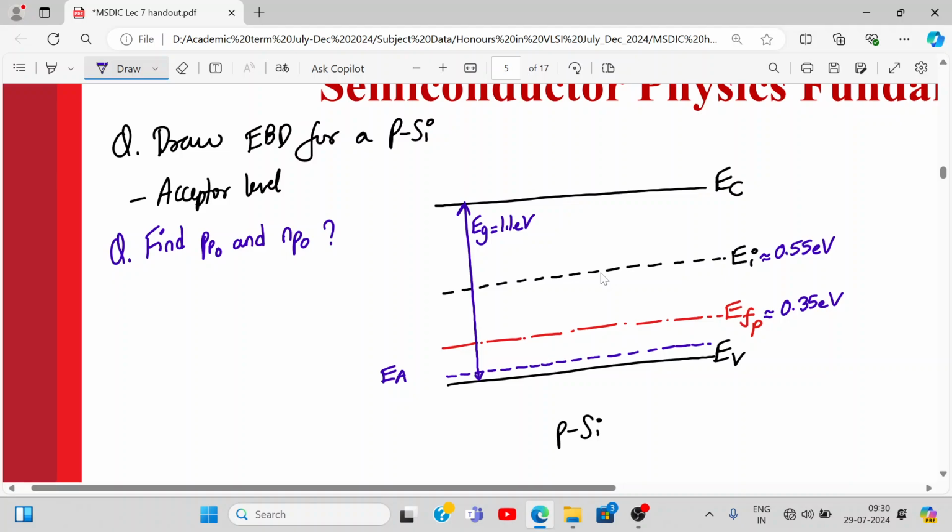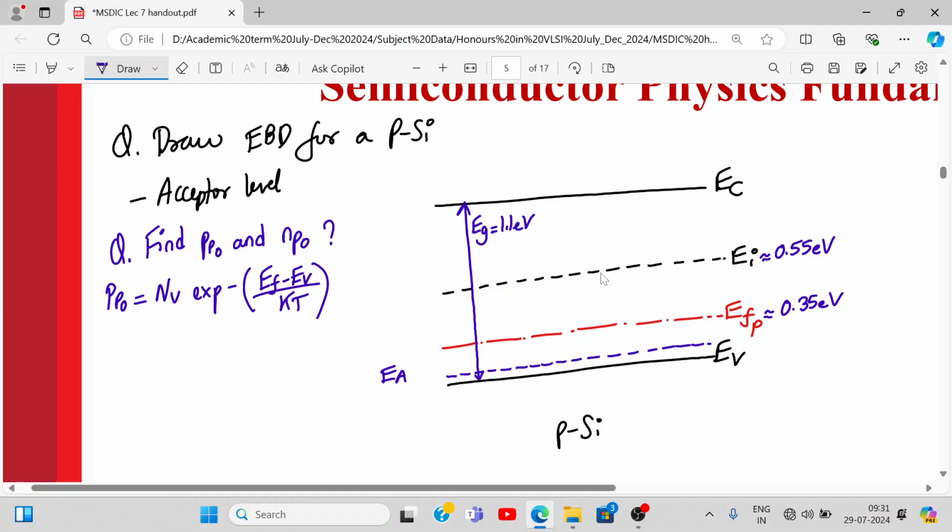Do you know the formulas for that? PPO is given by NV exponential of minus of EF minus EV, divided by KT. This is the formula.